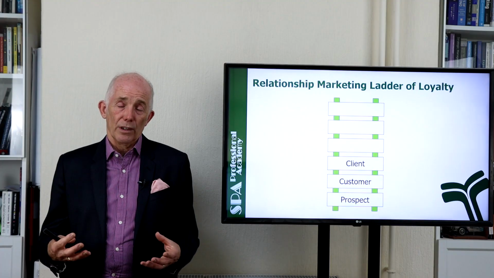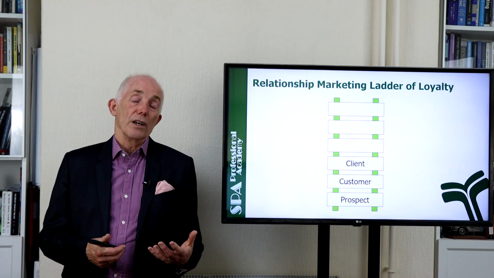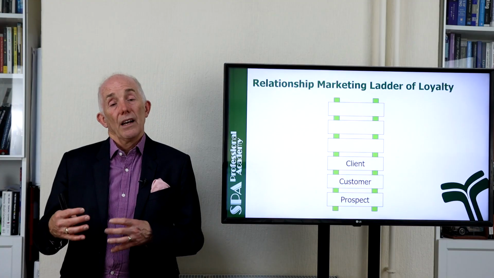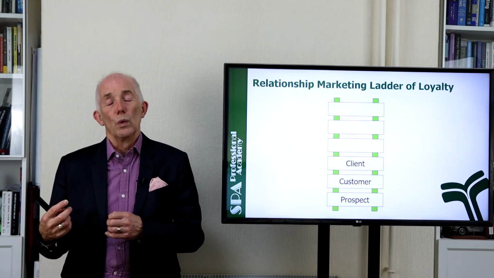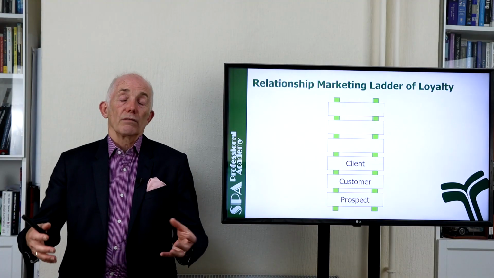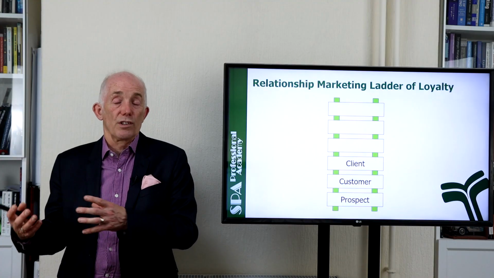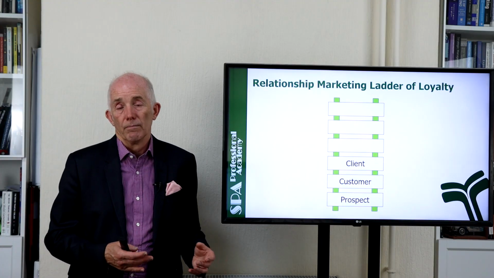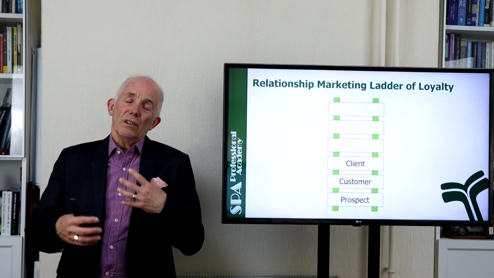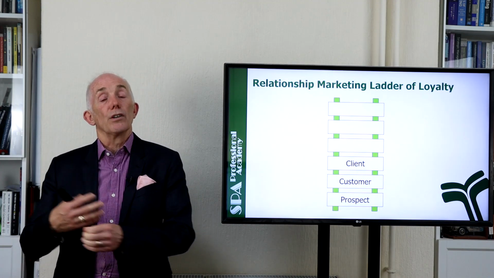The next level on the ladder is the client. Now, that is defined by the authors as being a customer who uses us quite regularly, maybe uses us at this stage as their most commonly used supplier of whatever it is that we offer. They're not at a loyalty stage yet, but they are using us regularly.